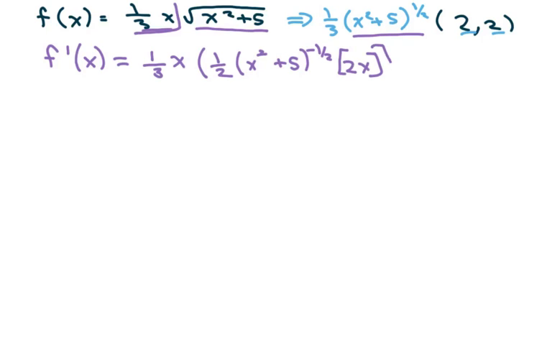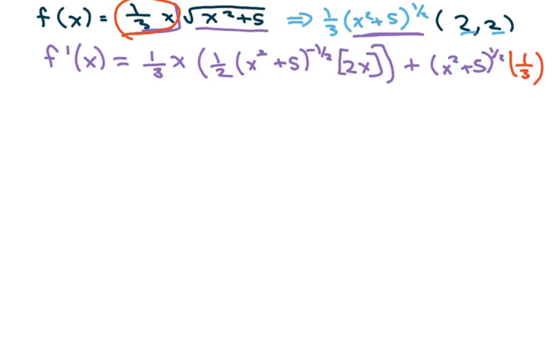Then you have to add this function, which is x squared plus 5 to the 1/2, and then you're taking the derivative of your first function, which is just 1/3.